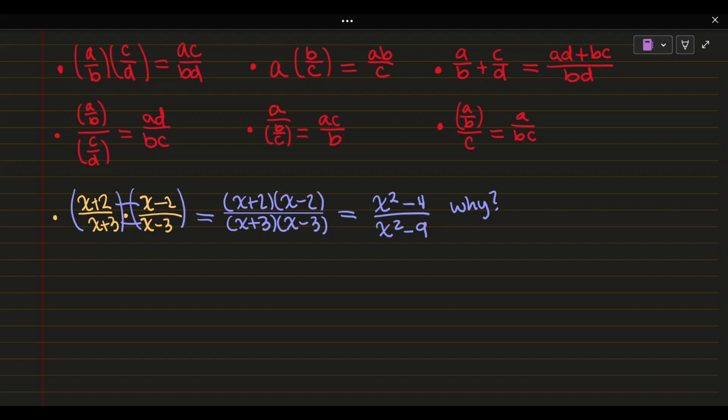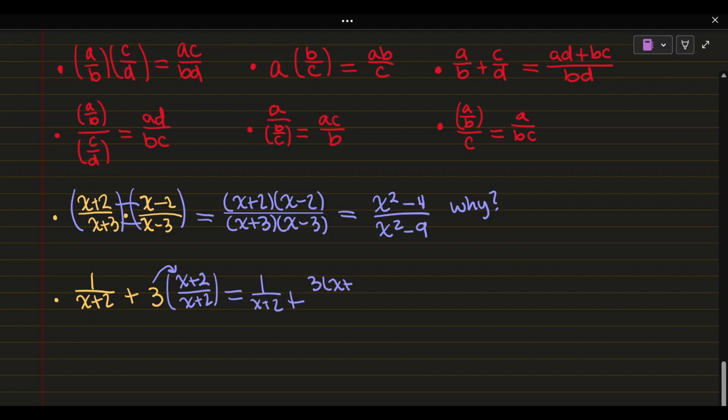So another example might be, let's say I have 1 over x plus 2 plus, I don't know, maybe 3. Again, I need to give these a common denominator in order to add them. That's what we do when we add fractions. I would multiply this by x plus 2 over x plus 2, right? Because then I have, popping this 3 up here, 1 over x plus 2 plus 3 times x plus 2 over x plus 2.